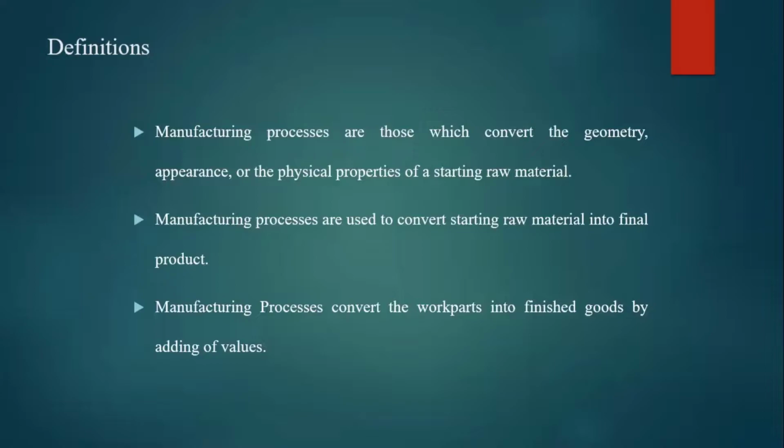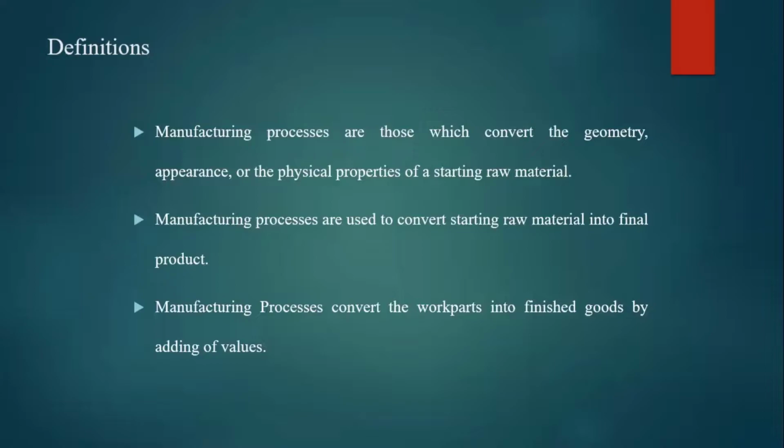So we are converting the starting raw material into the final part or the product. Manufacturing processes convert work parts into the finished goods by addition of values. For example, when we use a drilling machine to drill some holes into a piece of metal, we are using the machines, the toolings, the cutting tools, drill bits, the labor, the power to operate these machines.